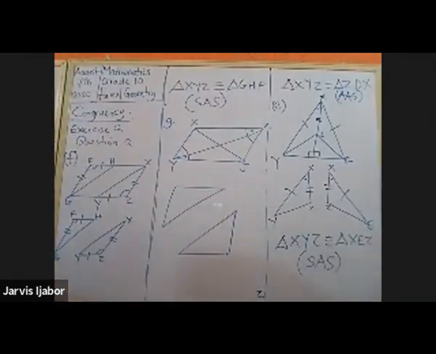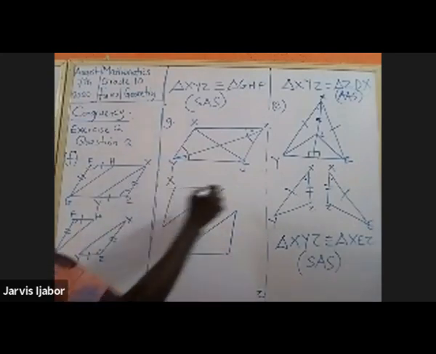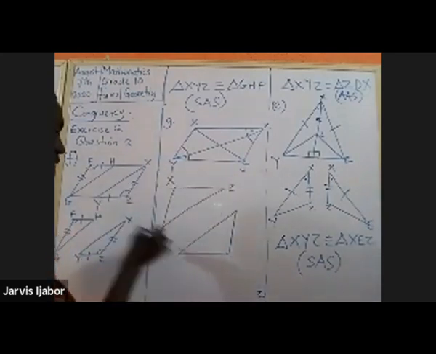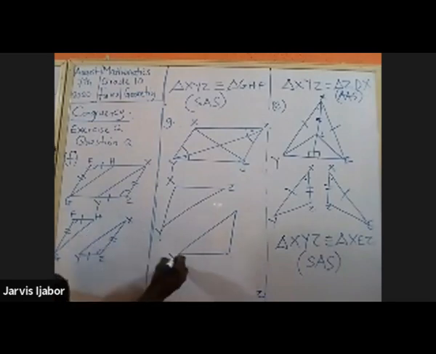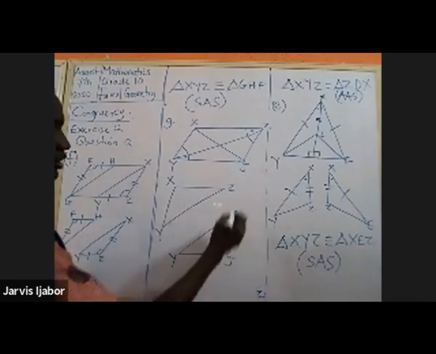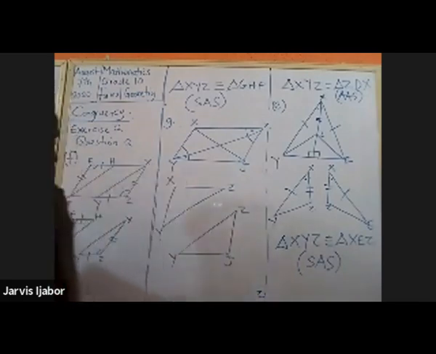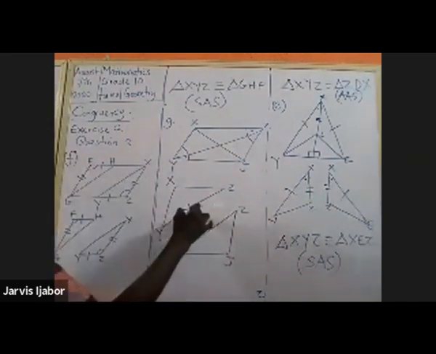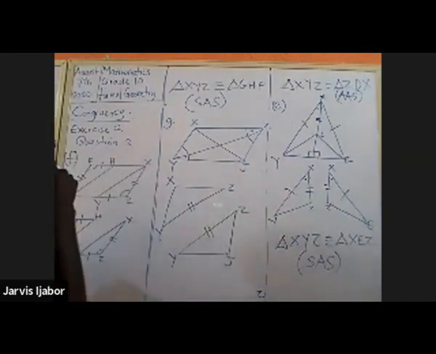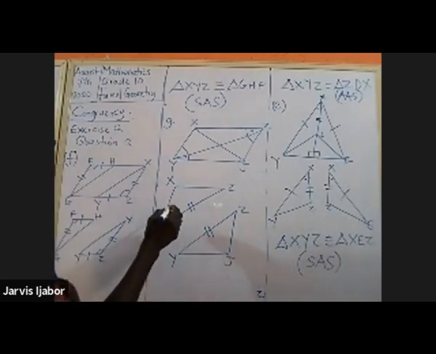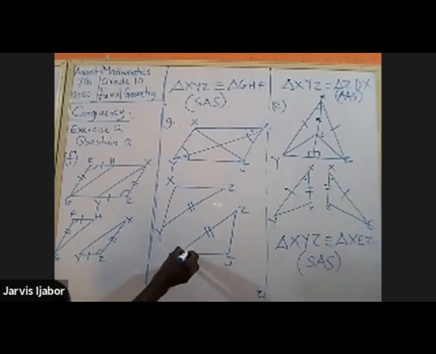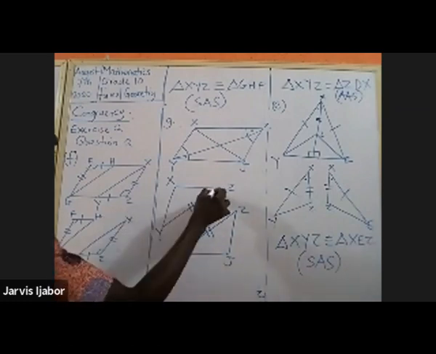All right, so this should be X, Z, Y. This will be Y, J, Z. This is common to this. Now watch carefully. This angle is equal to this angle.